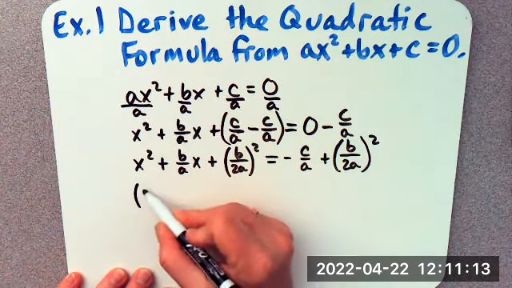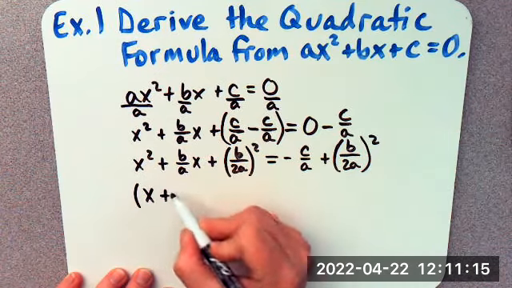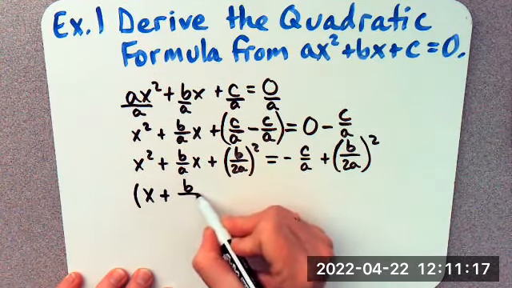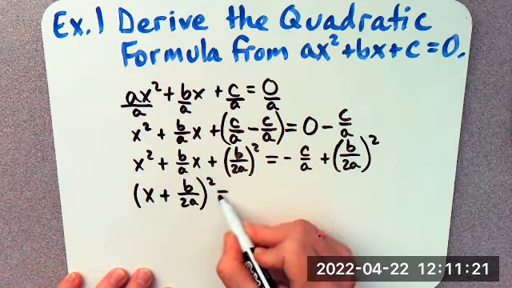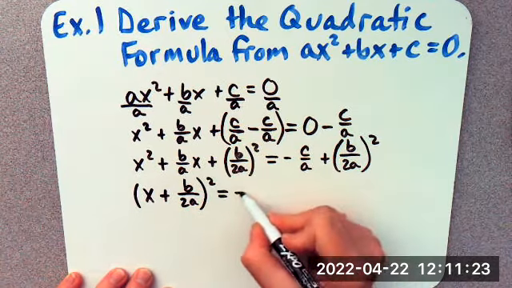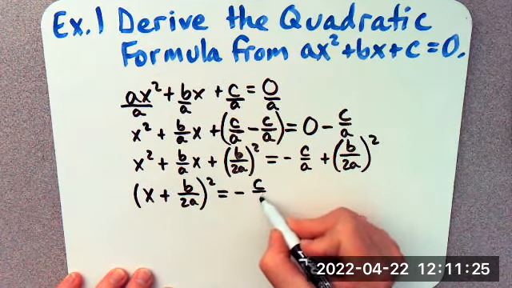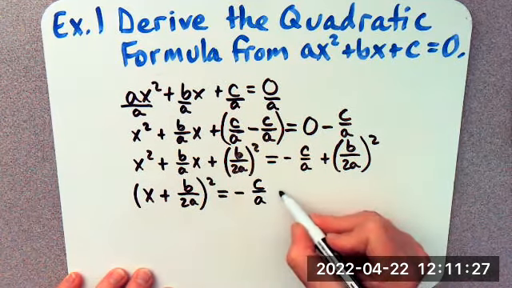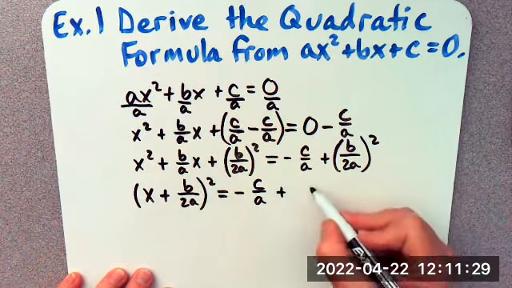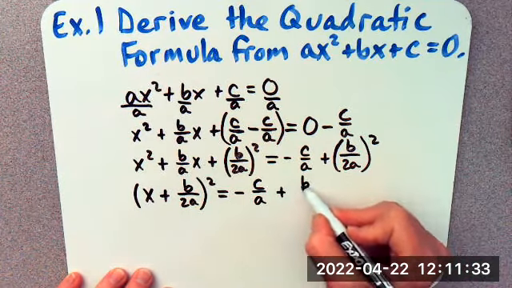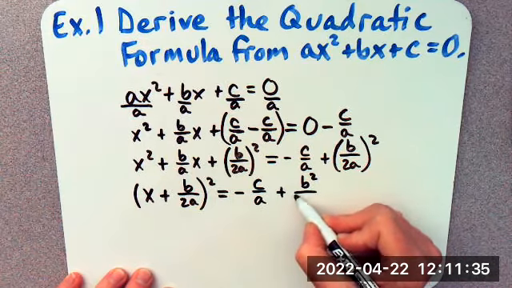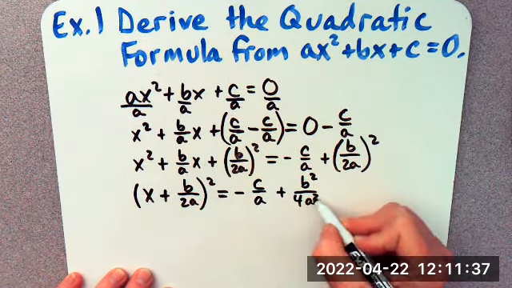So now we can write this as x plus b over 2a squared equals negative c over a plus, and let's distribute this. We have b squared over 4a squared.